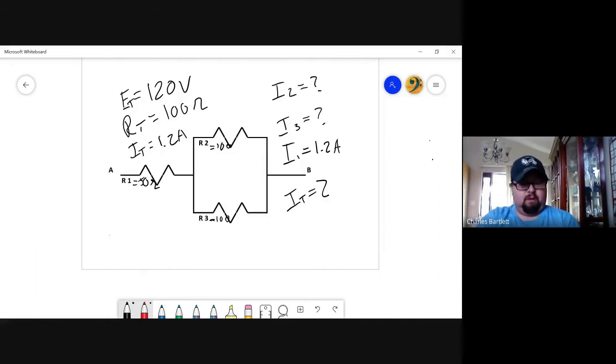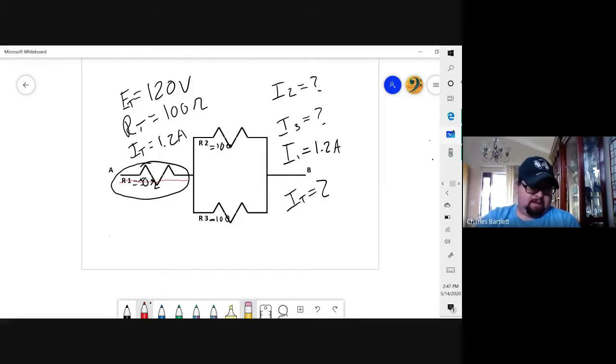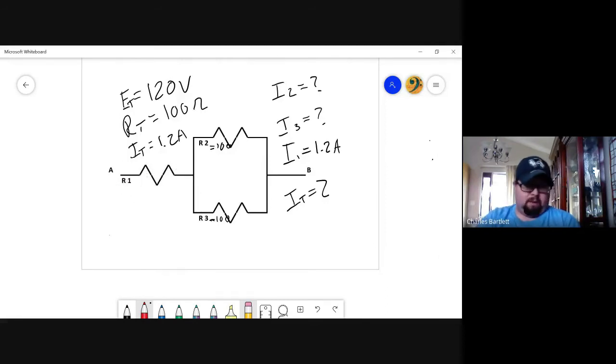And the reason we know that is because R1 exists in the series section of the circuit where there's only one pathway. So IT equals I1, but that is definitely not the case for our parallel side, because remember, in the parallel part of the circuit, amperage adds up.